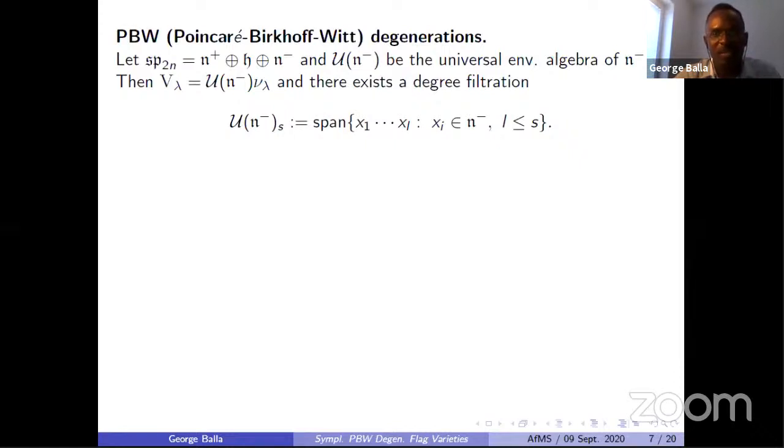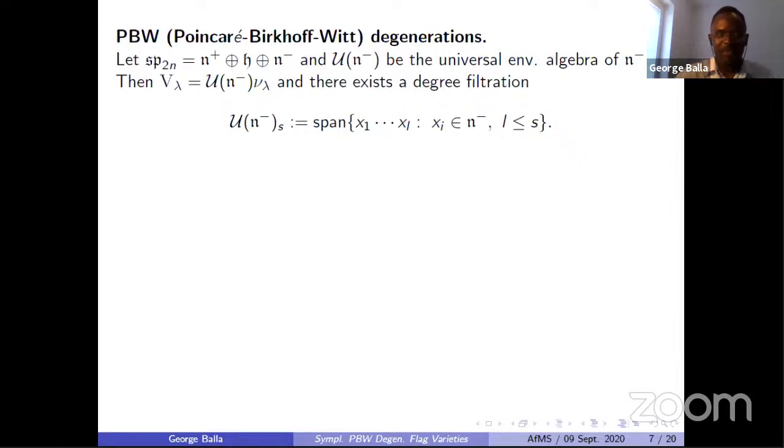And actually there exists a degree filtration on this universal enveloping algebra, namely by fixing a natural number S, and then taking products of elements such that when you add their degrees, the number of n's should be less than or equal to S. So we are putting everything in compartments.